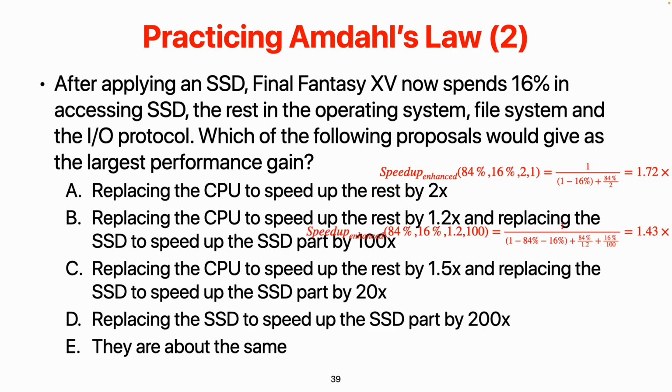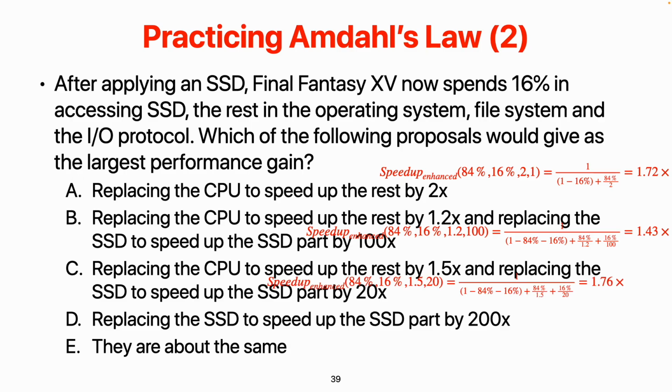For the second one, it seems like we replace both the processor and the SSD. However, for the majority, the 84% of the time, we can only speed up by 1.2 times, even though for the minority it speeds up by 100 times, which gives us a synthetic effect of 1.43.